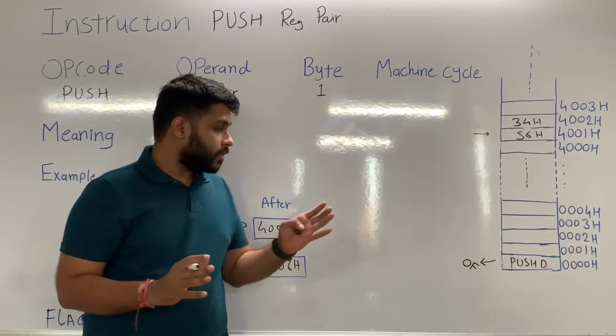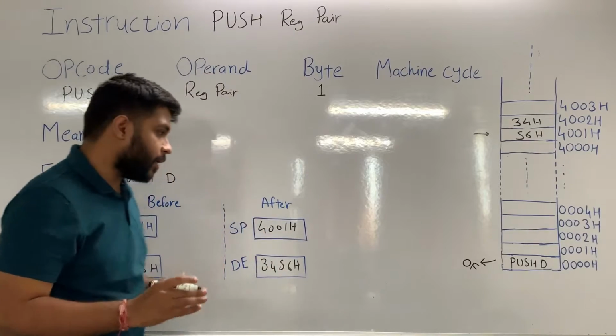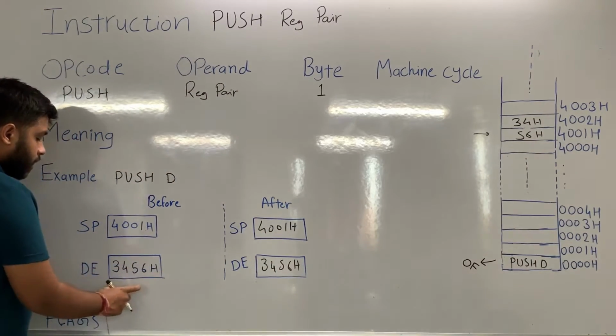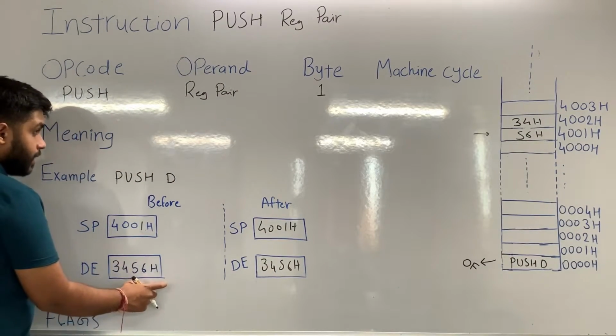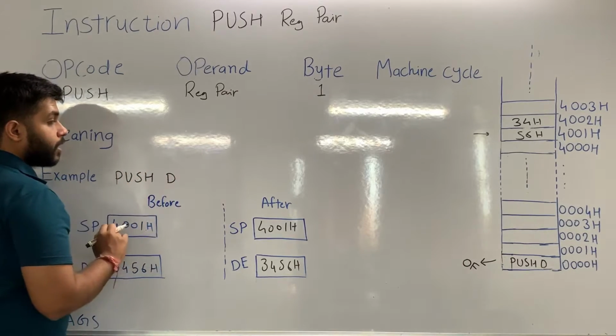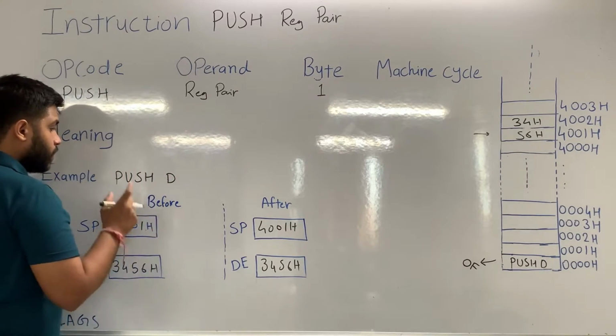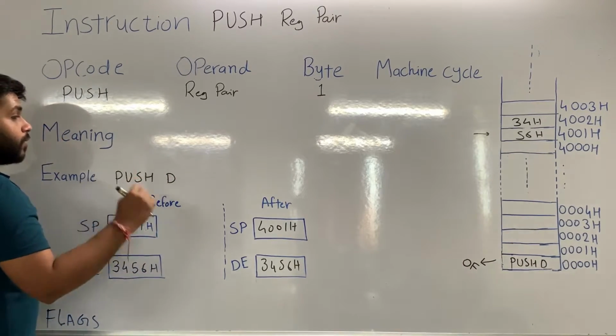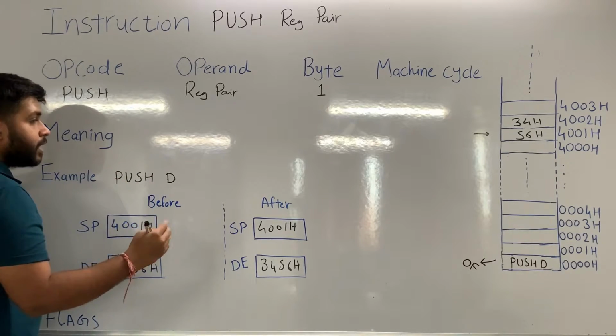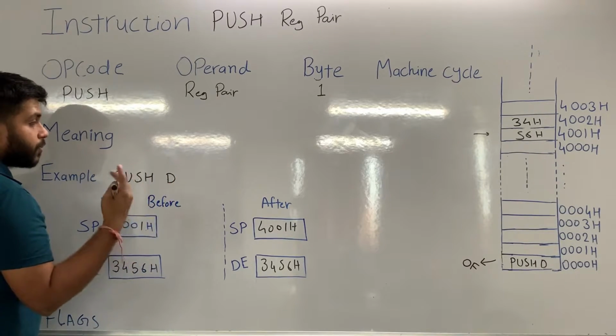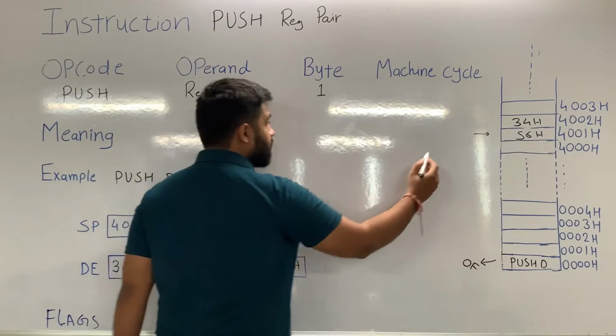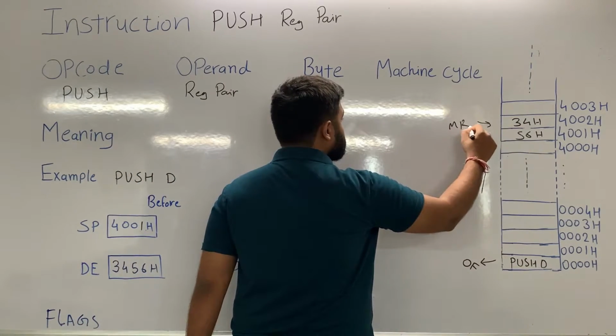Now during the execution, what is happening? During the execution, the content of D and E is stored in the stack. So if you pay attention, during the execution, processor is actually writing two memory locations. The processor is performing the memory write operation 2 times.